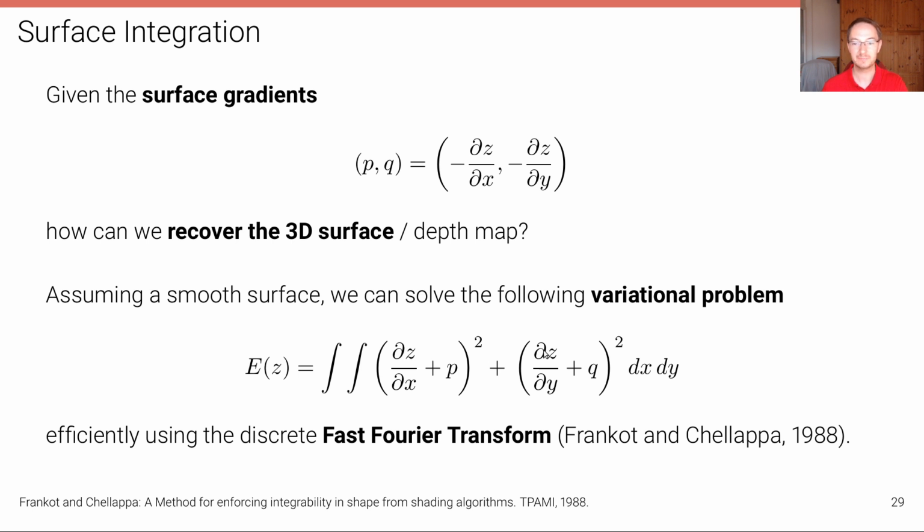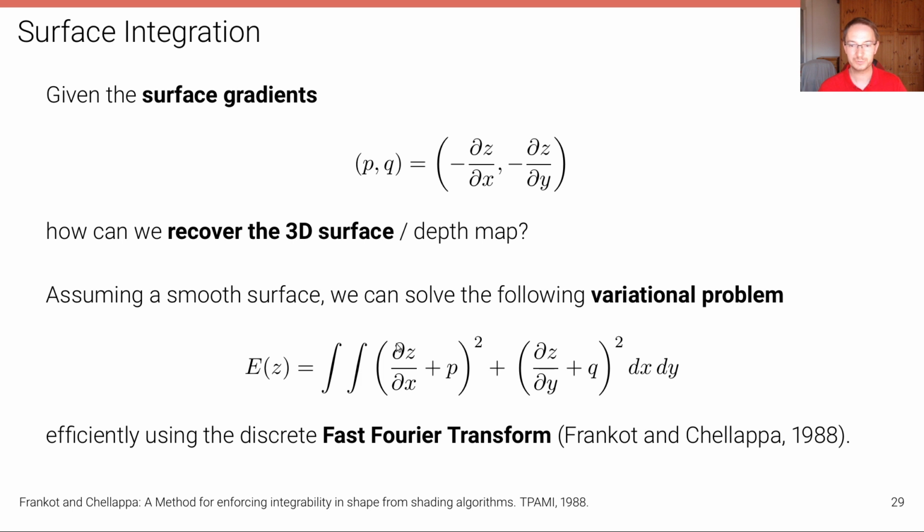And we're doing the same here on the right hand side for the gradient of the depth map in y direction, again plus q because it's the negative surface gradient, and we're optimizing for a depth map C such that its gradients are consistent with the gradients that we have inferred, with the P and Q values that we have inferred using the shape-from-shading algorithm.